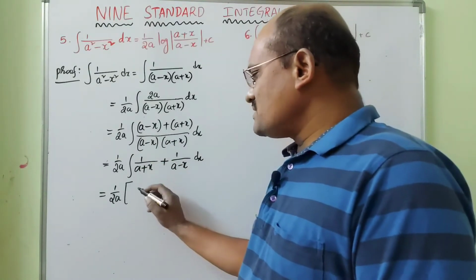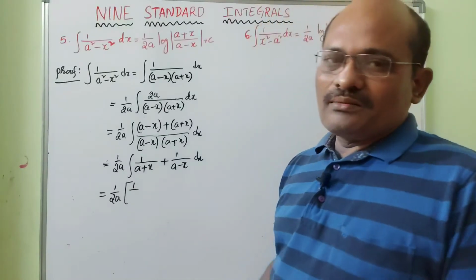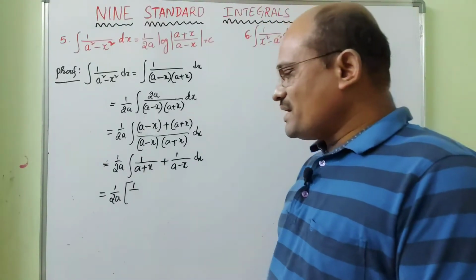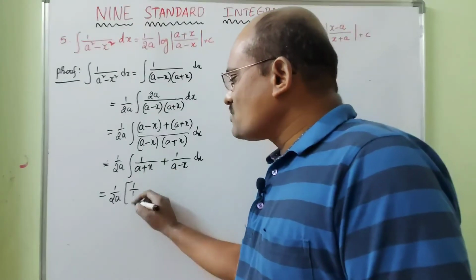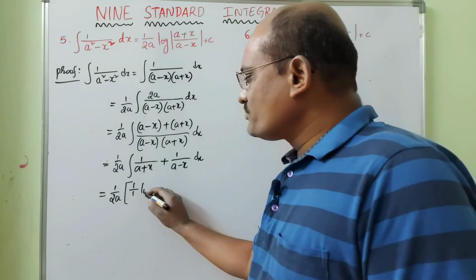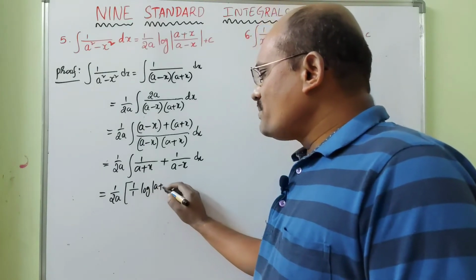So what do I have to write, according to the previous concept? First you have to write 1 by the x coefficient. The x coefficient is 1, so 1 by 1 log mod a plus x.